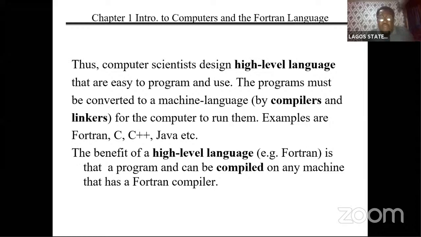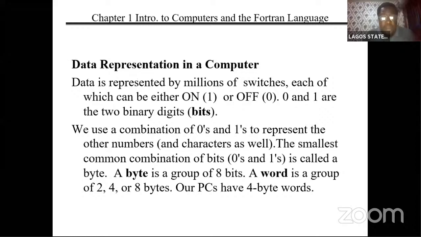So if you are converting Fortran, you will need a Fortran compiler. If you are converting C, you will need a C compiler. If you are converting C++, you need a C++ compiler. Whichever language you are compiling, you will need a corresponding compiler.